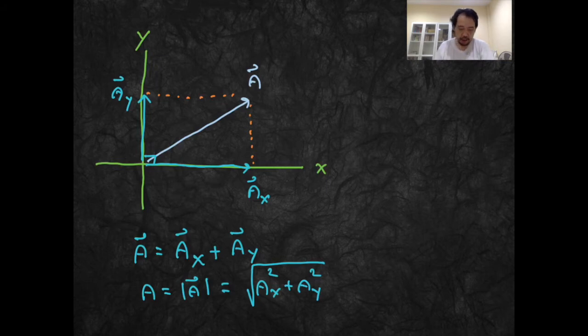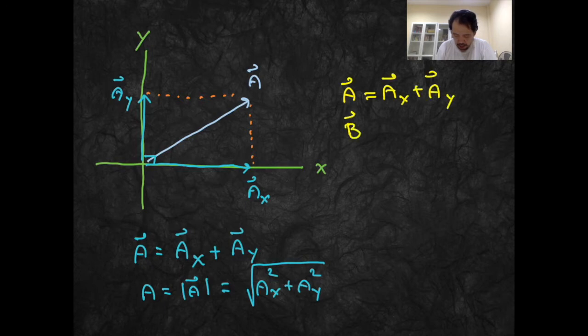Okay, and you can see that if we have two vectors, A, which we can write as AX plus AY, and B as BX plus BY.